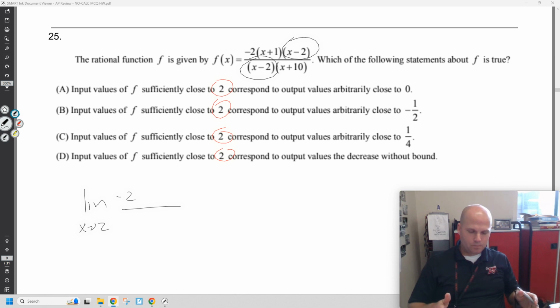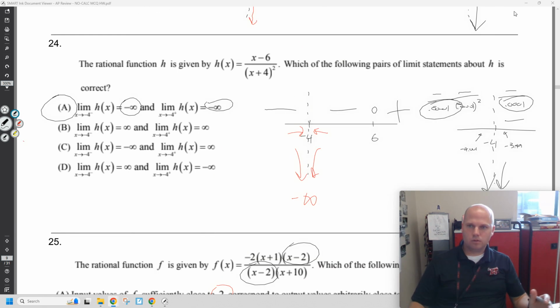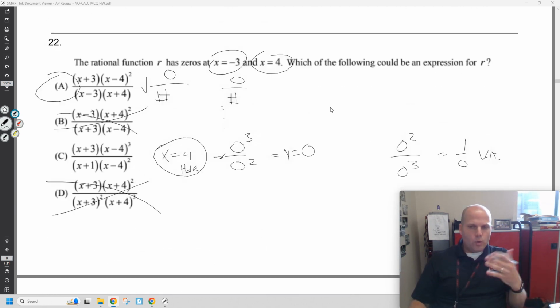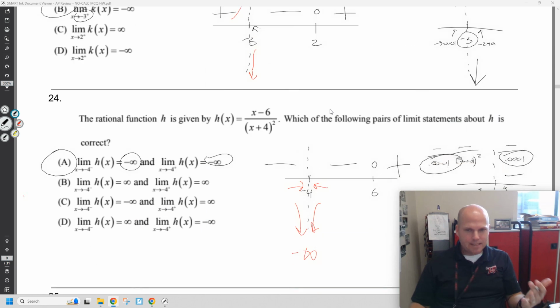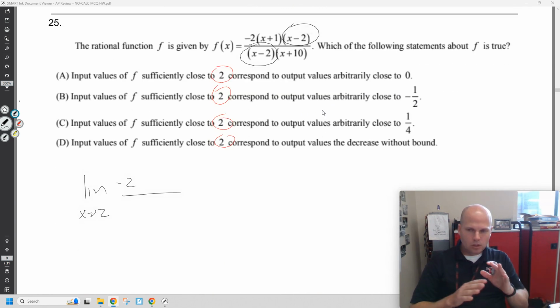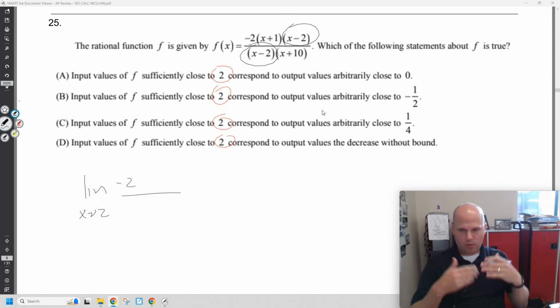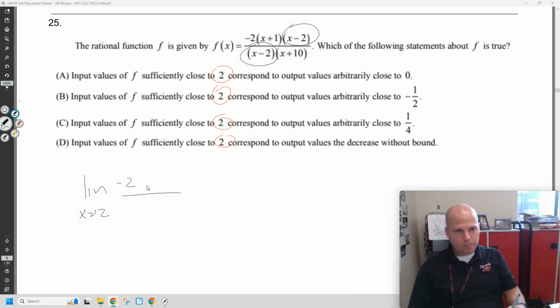Sometimes it's good to plug in values close to it, like here I plugged in -4.001 and -3.999. We could think about doing that, but it confuses a lot of students. Let's just plug in 2, and then I'll tell you what we're actually doing. If I plug in 2, I get negative 2 times 3 times 0, and then 0 times 12.